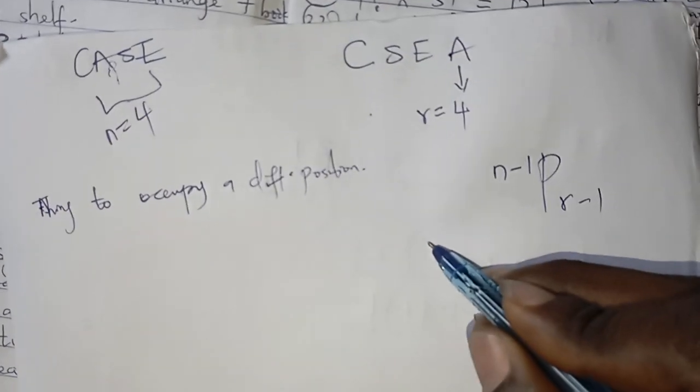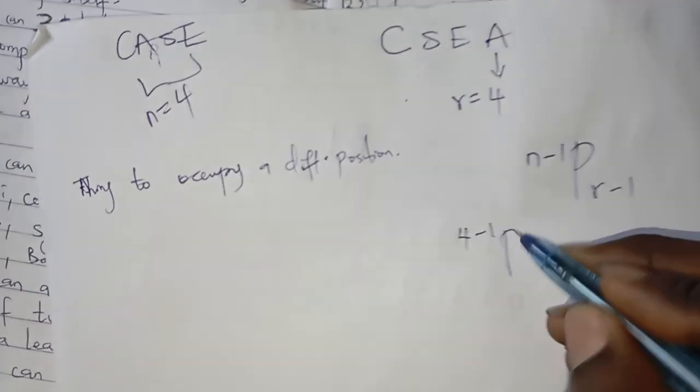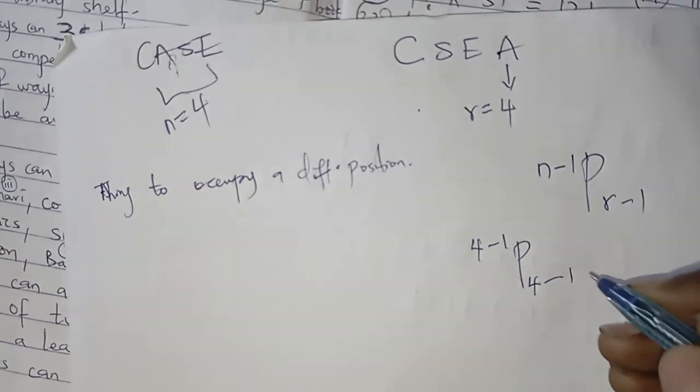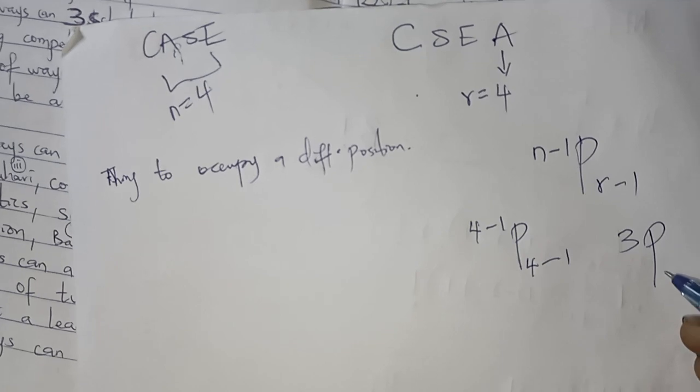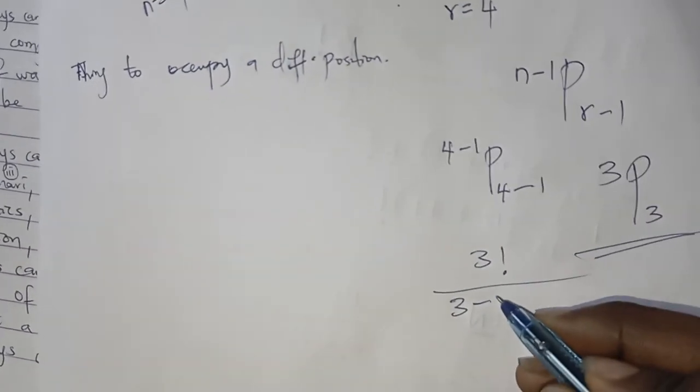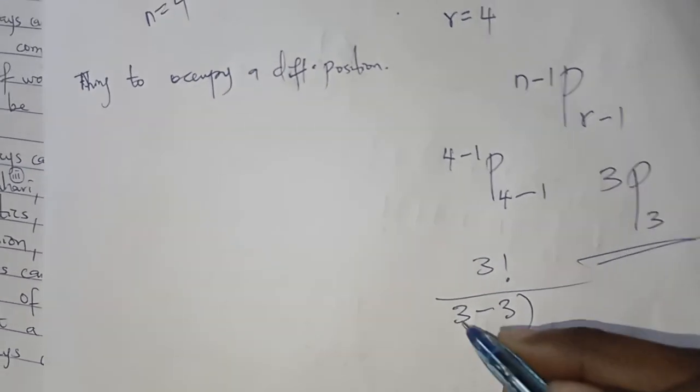So this is going to give me 4 minus 1 permutation 4 minus 1, which is 3 permutation 3. This is the answer you use. And 3 permutation 3 is 3 factorial over 3 minus 3 factorial.